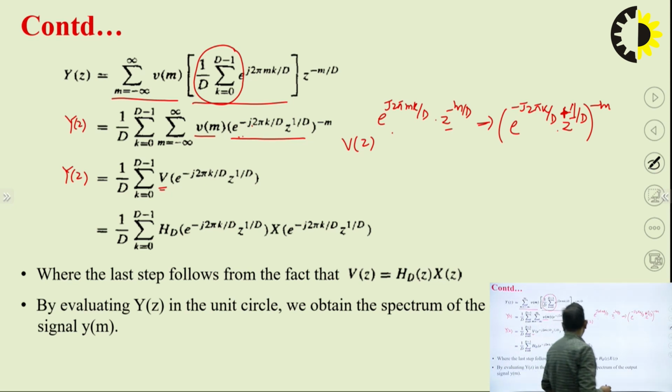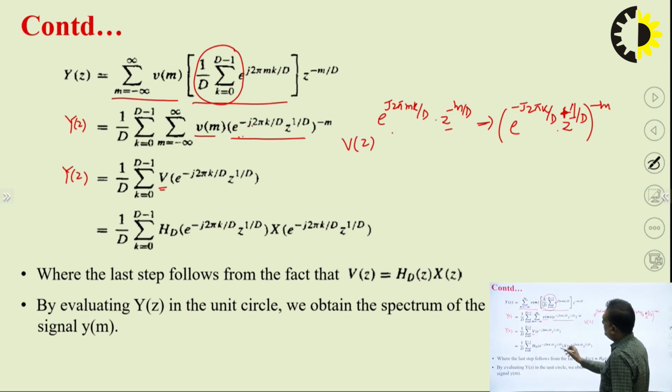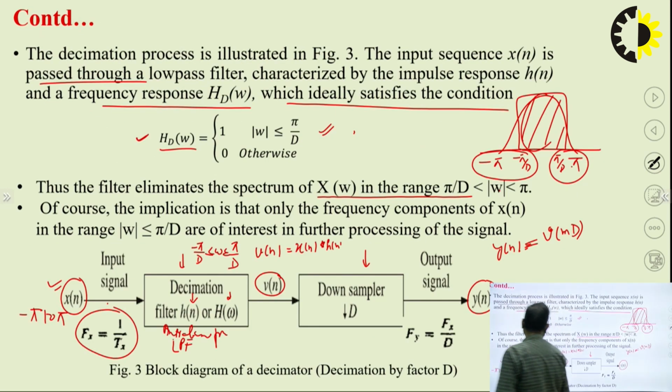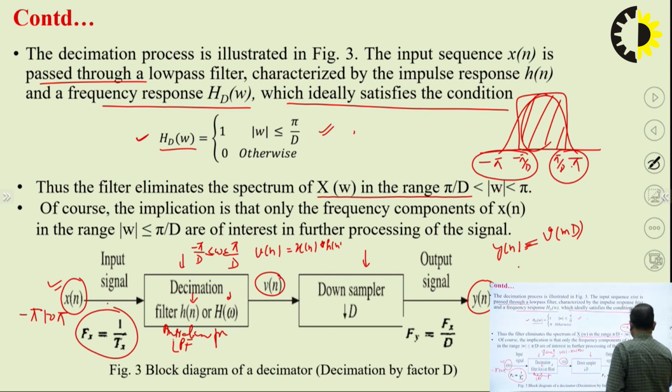Okay. Now we can see V of z, let's say this is z. So if we want to see this V(z), what is the value of V(z)? From here we can see that v[n] is x[n] convolution h[n].